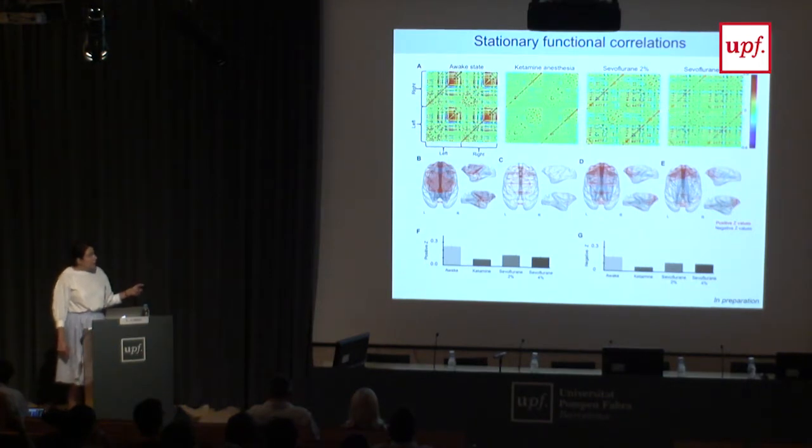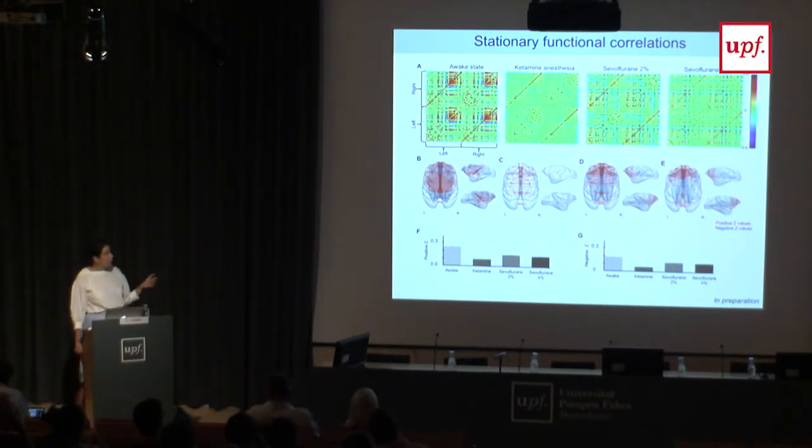So the same monkeys were scanned also with ketamine anesthesia and sevoflurane anesthesia, first for stationary functional connectivity, and you get similar results to the propofol anesthesia. You decrease your stationary functional connectivity, the positive correlation and the negative correlation. And when you do the ratio of negative to positive correlations, it goes down under anesthesia.